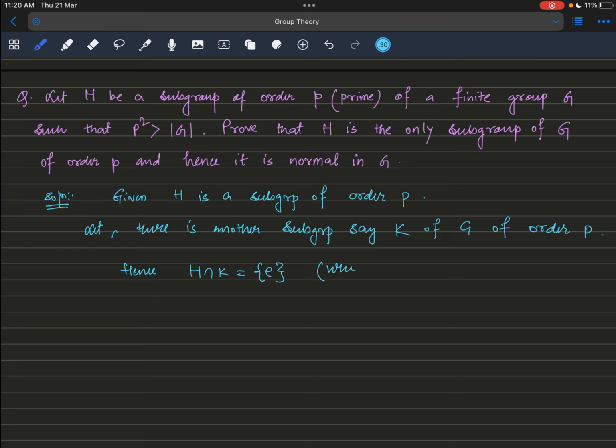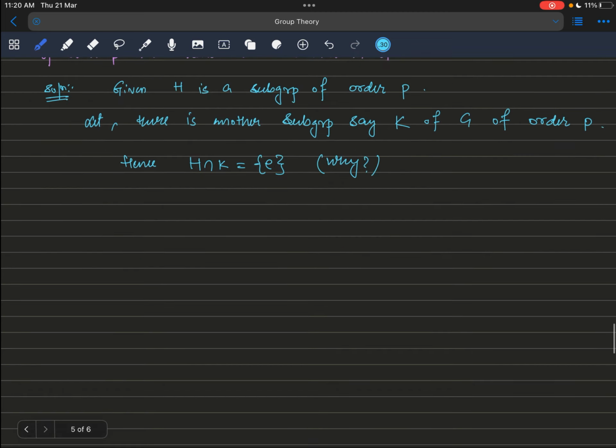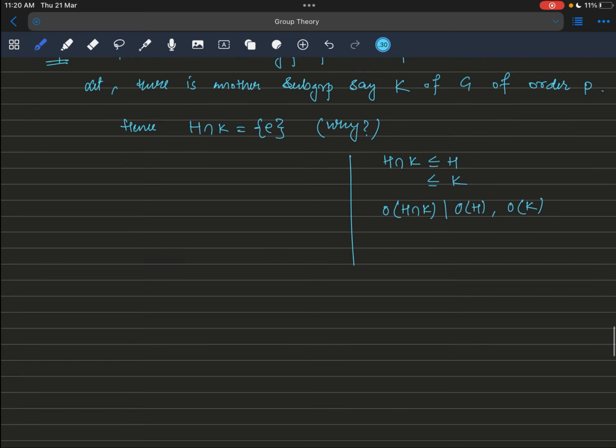Why? Since H intersection K is a subgroup of H, and also a subgroup of K, by Lagrange's theorem the order of this divides the order of H as well as the order of K. So the order of H intersection K divides the GCD of these.